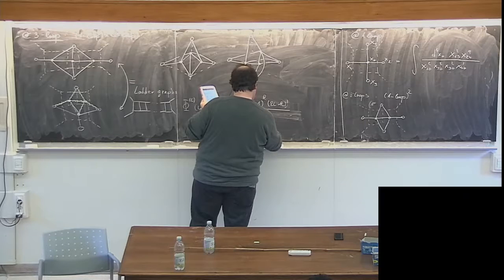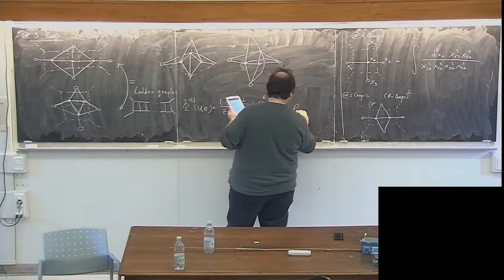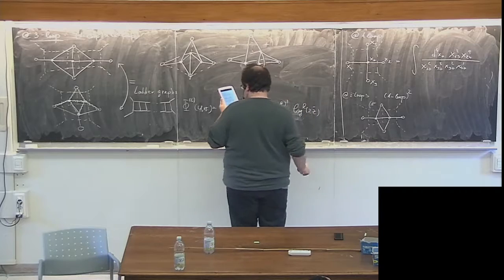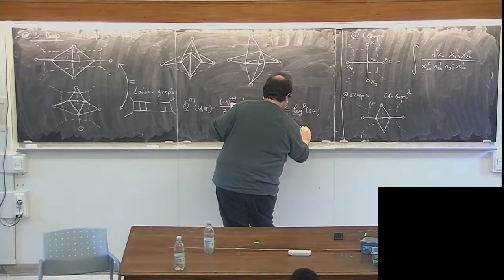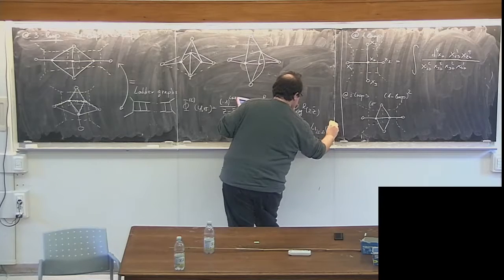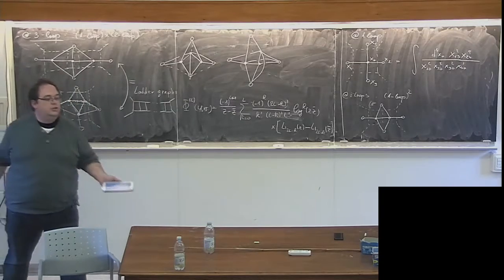L!, log to the power k of z z bar, times Li_{2L minus k}(z) minus Li_{2L minus k}(z bar). It's a quite remarkable formula.